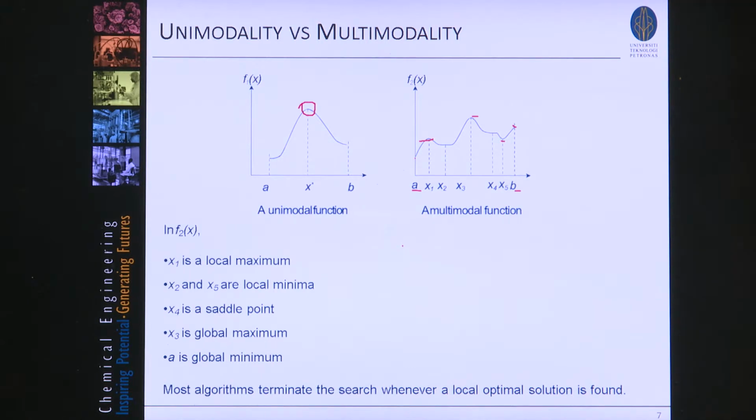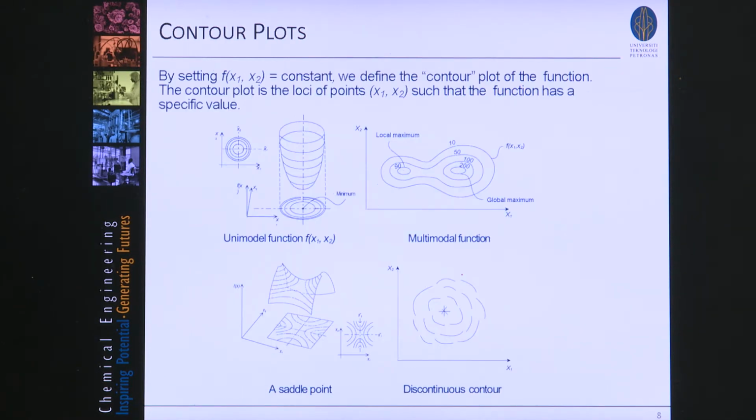Contour plots are the same as that 2D graph that we have seen before, but more like 3D. We have two variables, x1 and x2, and we can see that this is moving towards, in this case, a local maximum.